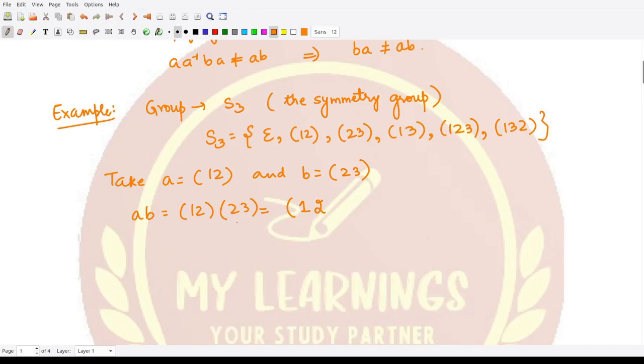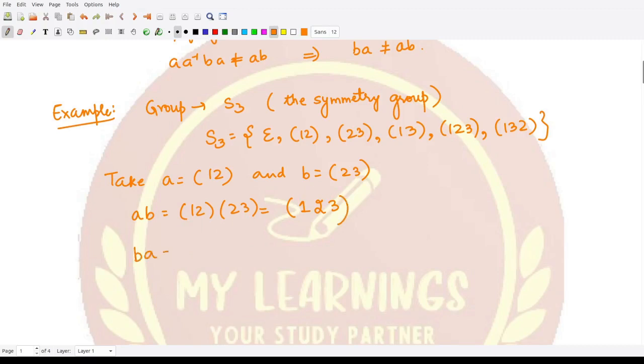What about 2? 2 here goes to 3 and there is no such 3, so 2 goes to 3. What about 3? 3 here goes to 2 and 2 here goes to 1. So ultimately 3 goes to 1. So we have the cycle as closed.